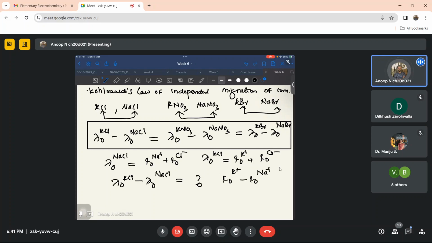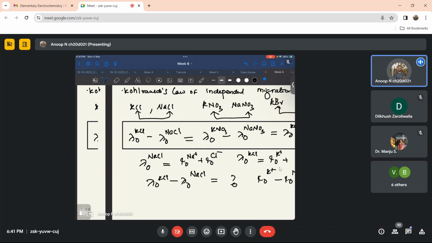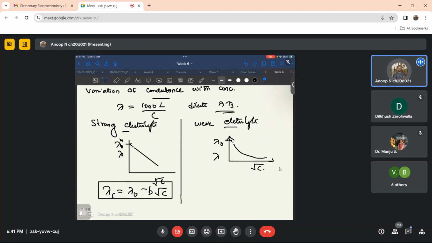The idea is, when we have weak electrolytes, we can find the equivalent conductance as a combination of strong electrolytes. For strong electrolytes we can easily find the value of conductance, because they follow a linear trend, whereas the weak electrolyte does not follow a linear trend of conductivity versus concentration.